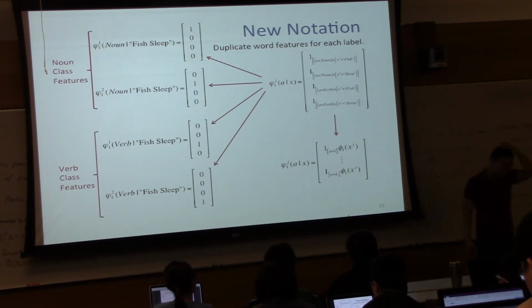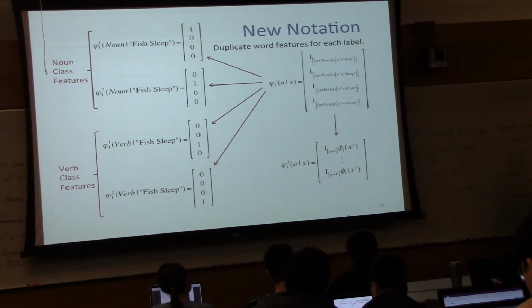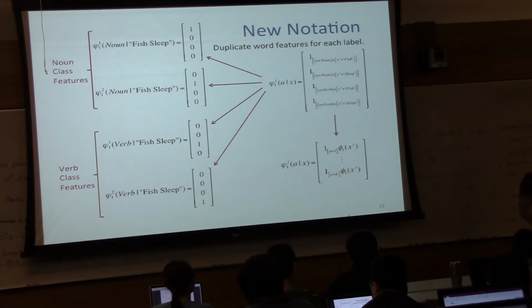For example, a feature vector could say fish is closely related, fish is cold-blooded. So if fish were a noun, it would be a cold-blooded animal, right? That could be a feature, and we can activate that within this representation. So here, this phi of x is just an indicator vector, but more generally, it could be an arbitrary feature representation.